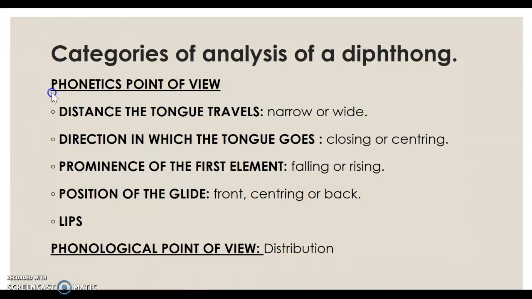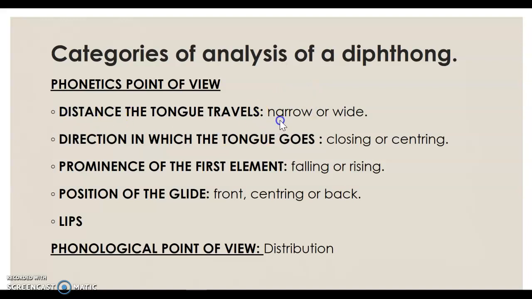When speaking about the phonetics point of view, we can describe the distance the tongue travels, that means the movement the tongue has from one point to another, that means from one element, the first vowel sound, to the second vowel sound.